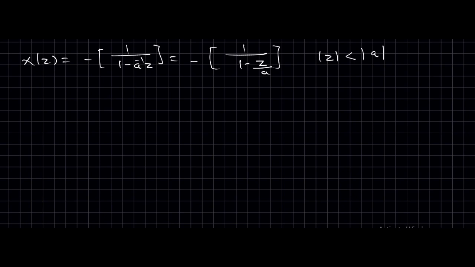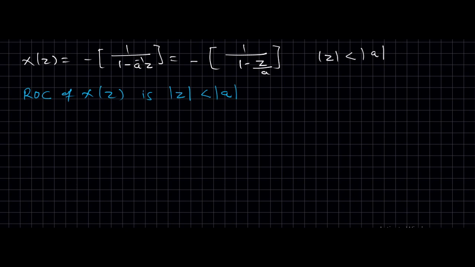Then this term will become smaller than 1 and it will give us a finite answer. So this is the region of convergence. What is the region of convergence? The ROC of x of z is mod of z less than mod of a.